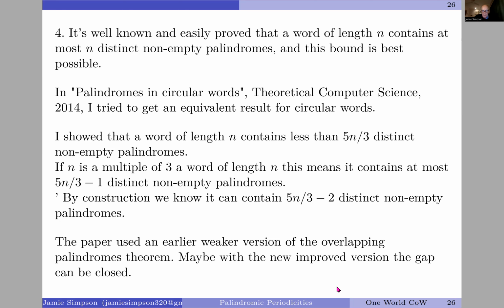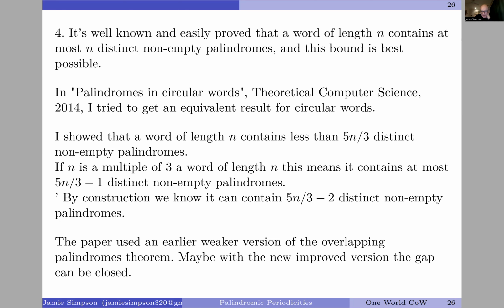I came up with the idea of a palindromic periodicity by seeing that the periodicities occurring here did have this special structure. It occurred to me that this new improved version of the overlapping periodicities lemma might give me the extra edge to close the gap between 5n over 3 minus 1 and 5n over 3 minus 2, and show that, in fact, 5n over 3 minus 2 is the correct one. I haven't been able to do that, but maybe somebody else can.